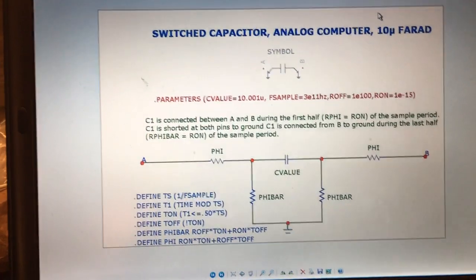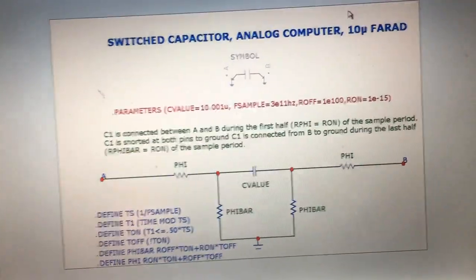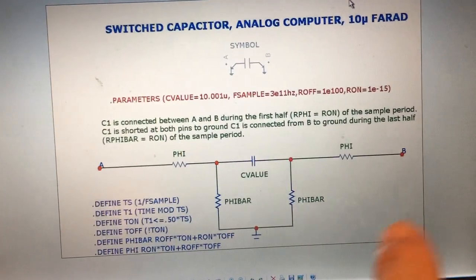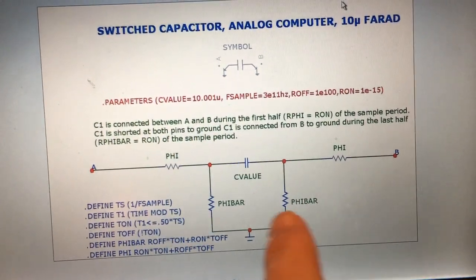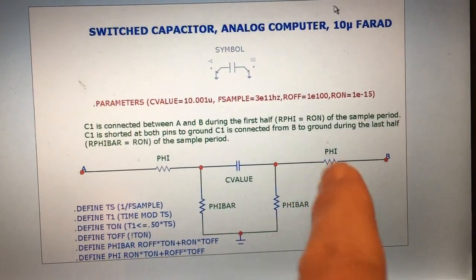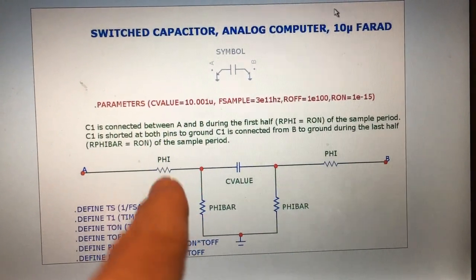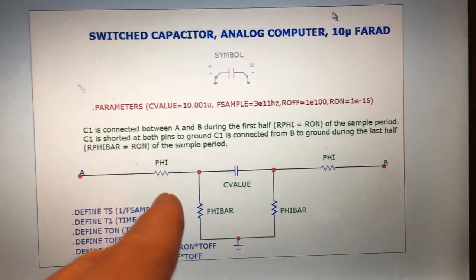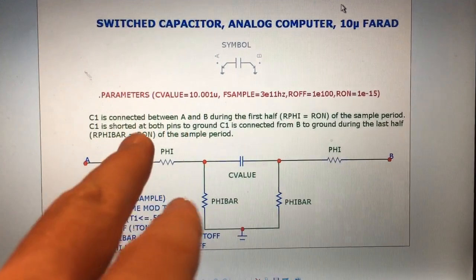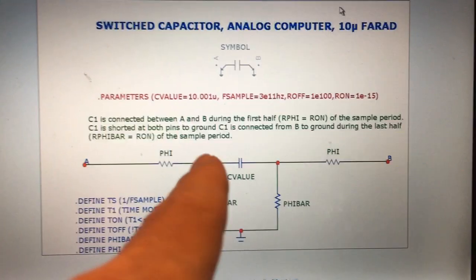Okay, so this is what the macro looks like, and it uses these resistors. Phi bar is the value of these 2 resistors, while phi is the value of these 2. And they swap during each half of the sample time. They change positions.